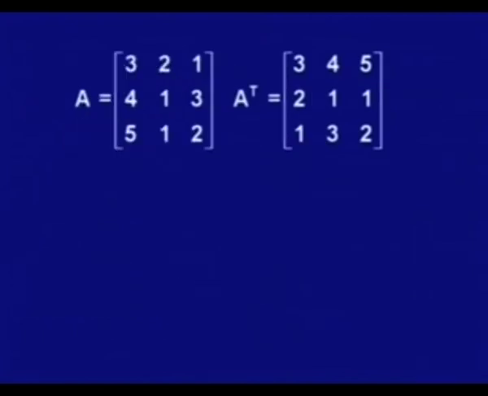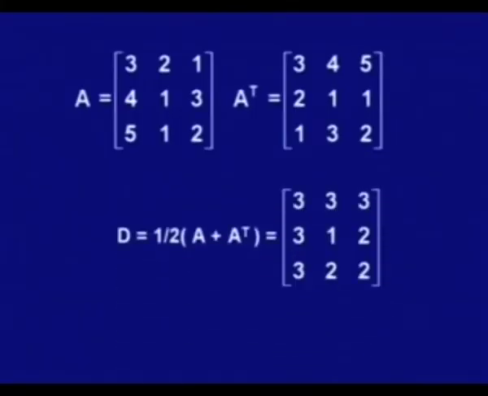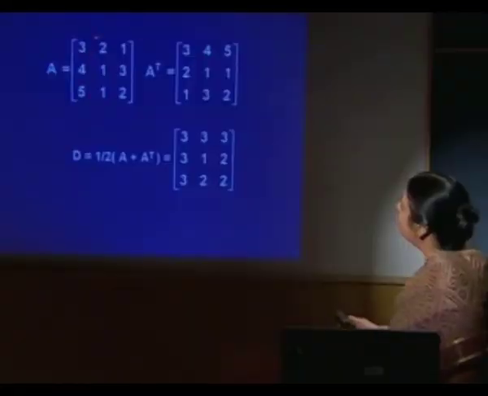Now, I illustrate this with an example. If I have A matrix as 3 2 1, 4 1 3, 5 1 2, a 3 by 3 matrix, then its A transpose will be 3 4 5 as the first row. The first column becomes the first row, the second column becomes the second row, the third column becomes the third row in the A transpose matrix. Then D is half of A plus A transpose.